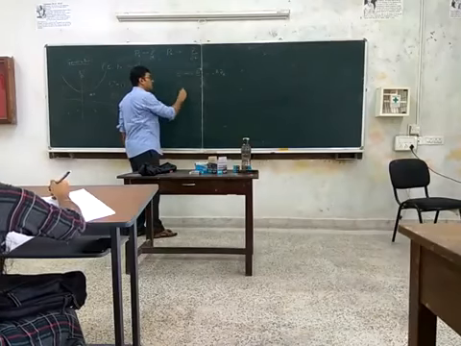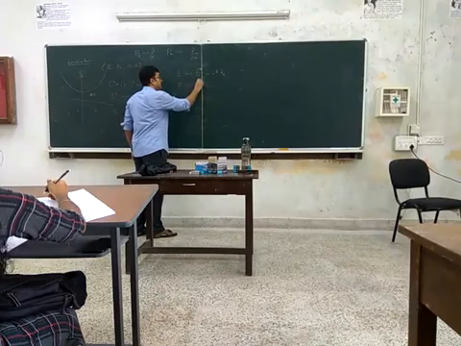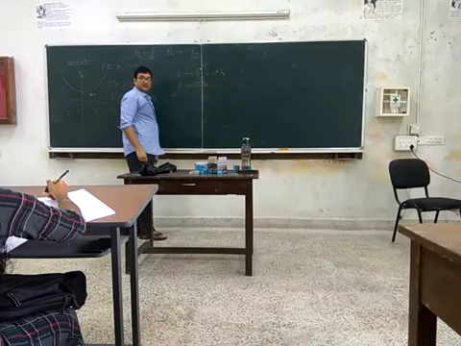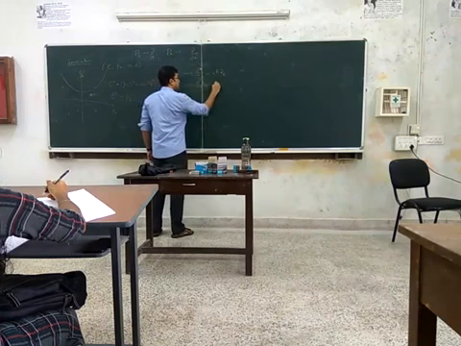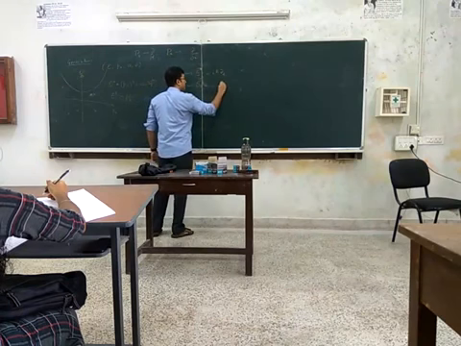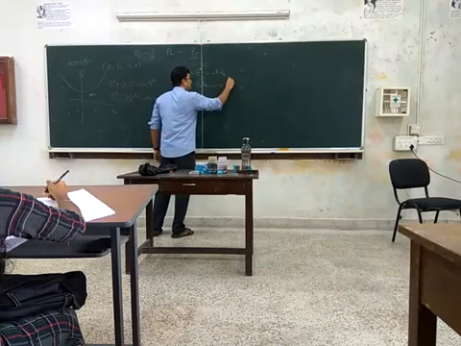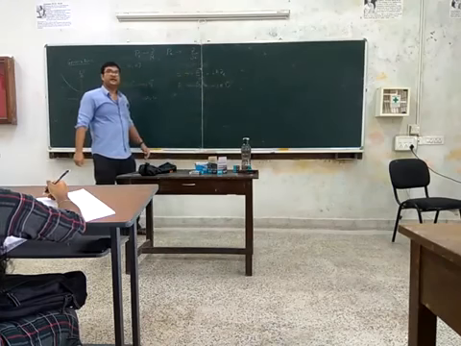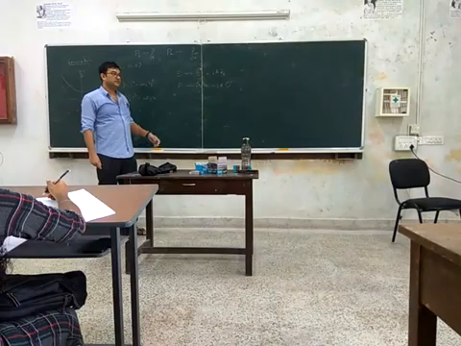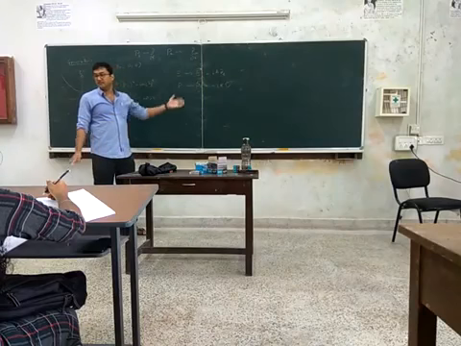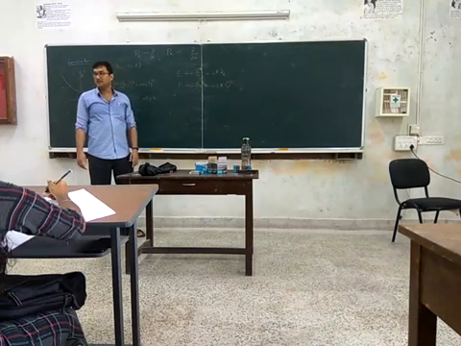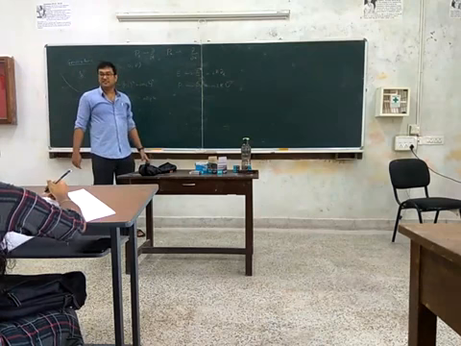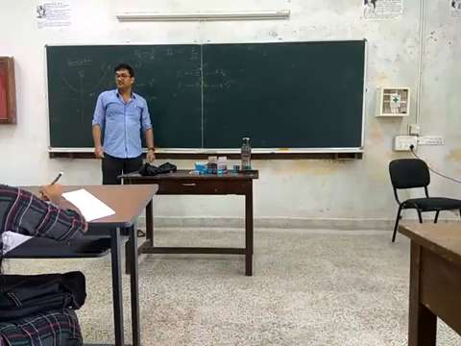Instead of the quantity P, I replace it by the operator P, which is minus i h bar times the gradient. If you get confused, just set h bar equal to 1 and say you're working in natural units.